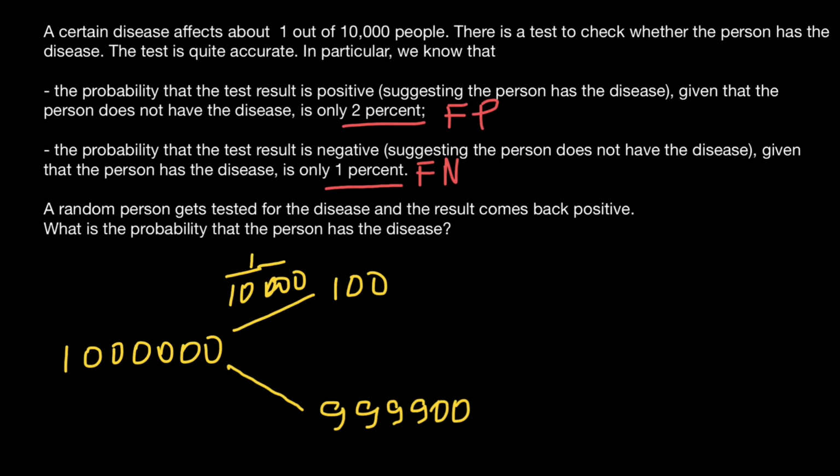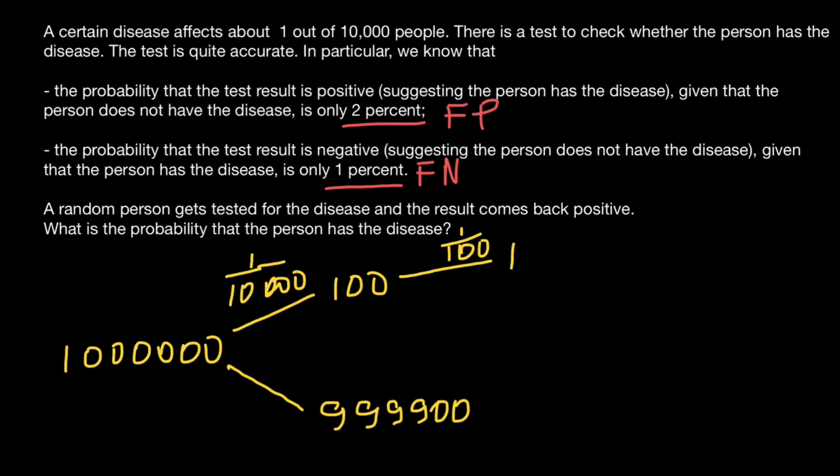Now our next step: take a look, we have 100 people in this population who have the disease. But because 1% would be falsely negative, we can say that out of these 100 people, 1 person is going to have this disease but would be falsely negative.